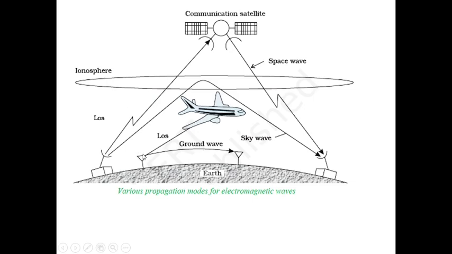Here we have an antenna and an aeroplane, which must always be in the same line of sight for propagation of the waves. And this is the satellite communication: from Earth to the satellite we have the uplink, and from satellite to Earth we call it the downlink. So this is about radio wave propagation in space.